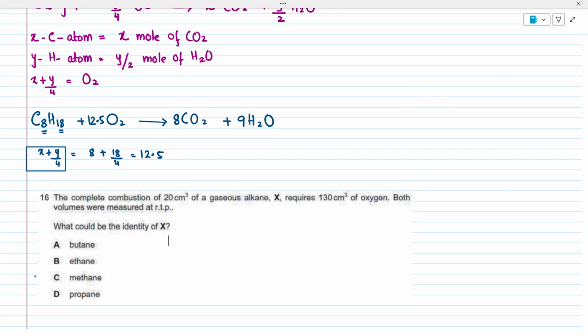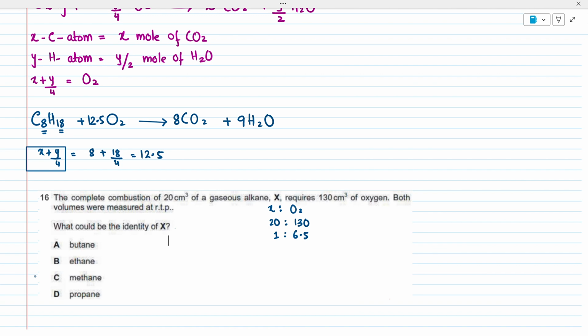So by using stoichiometric knowledge, when the gases are at the same conditions, we use their volume ratios. So X to oxygen is 20 to 130, and we will get the ratio 1:6.5.